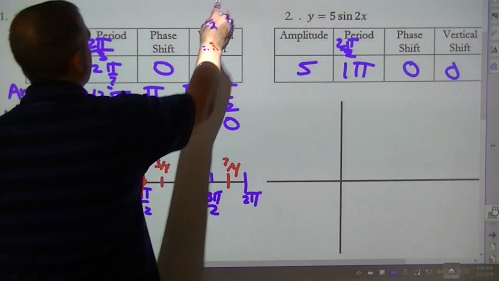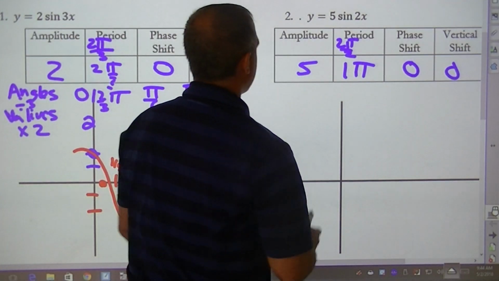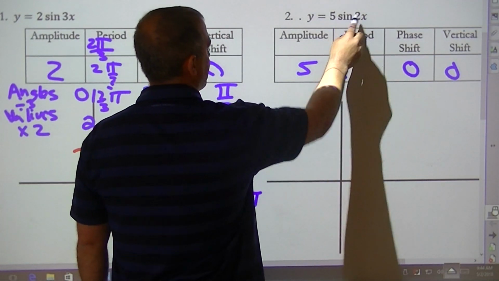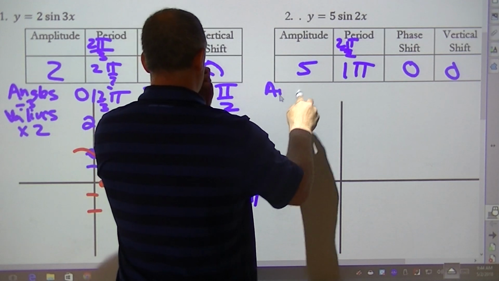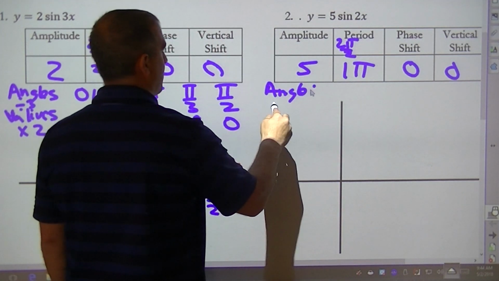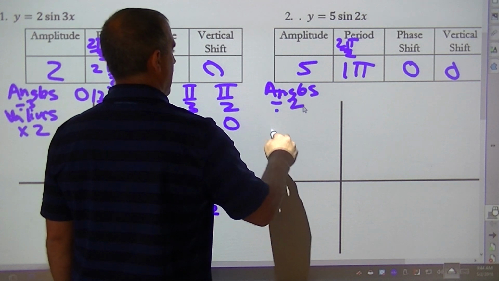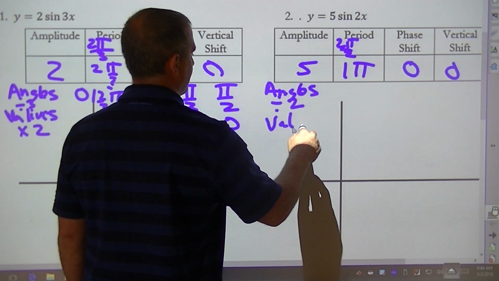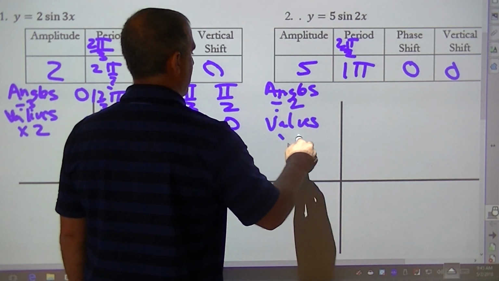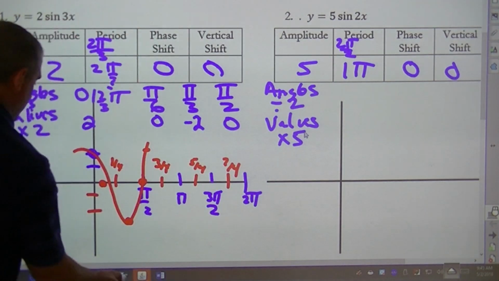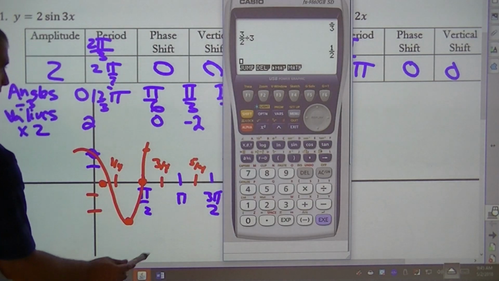Over here for sine, I'm going to take my angles and divide all of them by 2, and my values for sine, I'm going to multiply by 5. Pretty simple.